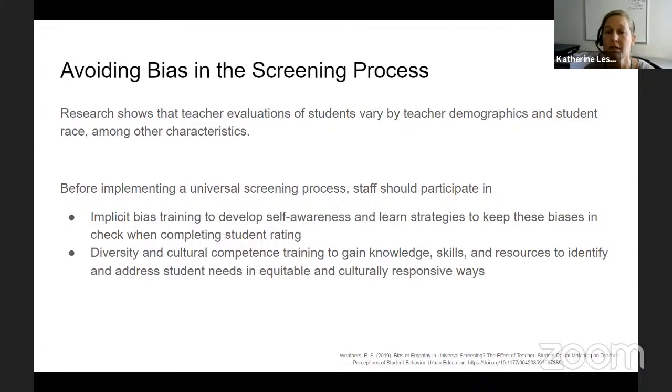And so really consider this as you're implementing the tool, and make sure that your staff have the proper training to, as objectively as possible, rate students' internalizing and externalizing behaviors. So offer implicit bias trainings around using a universal screening process, and also diversity and cultural competence training to gain the knowledge, skills, and resources for connecting students with those services once they've been identified.